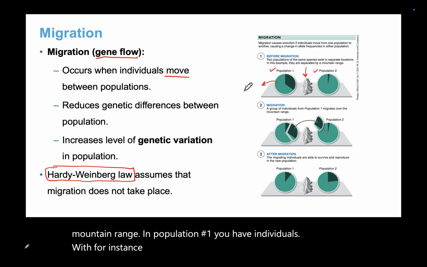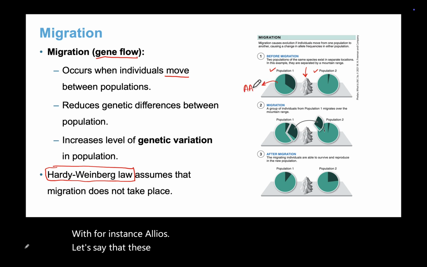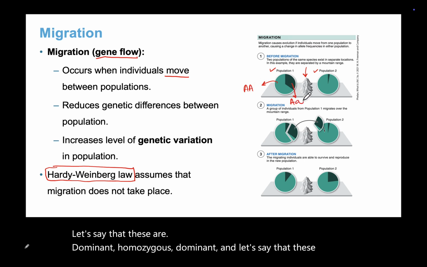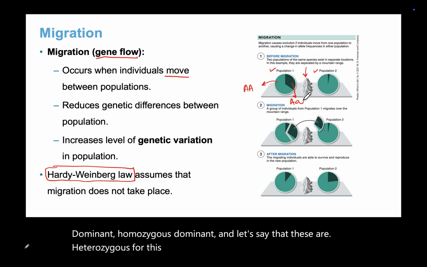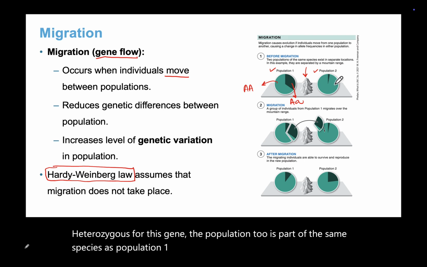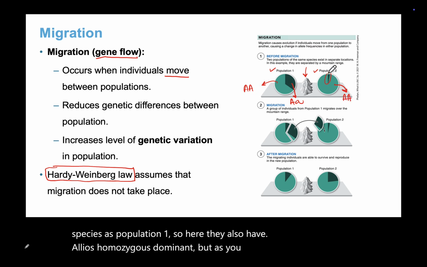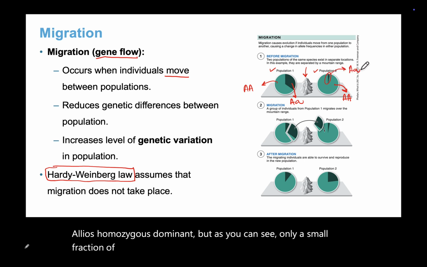Let's say that these are homozygous dominant, and let's say that these are heterozygous for this gene. Population 2 is part of the same species as population 1. So here they also have homozygous dominant alleles, but as you can see, only a small fraction of them are heterozygous.